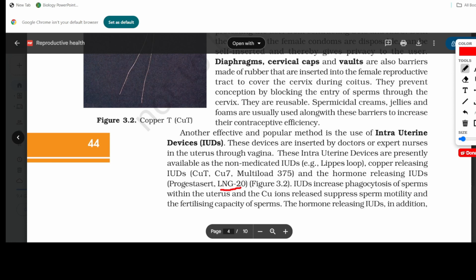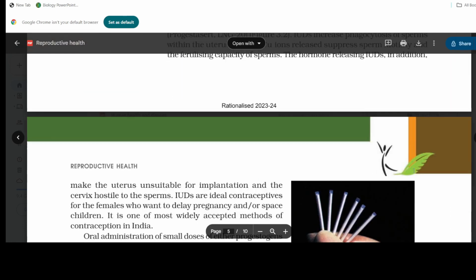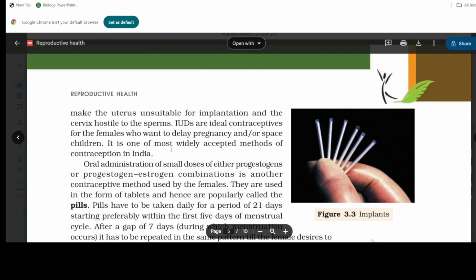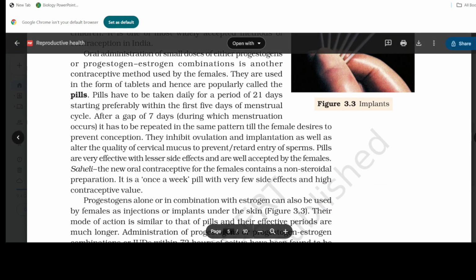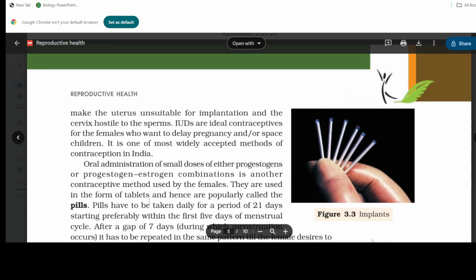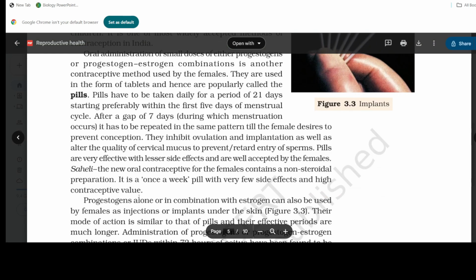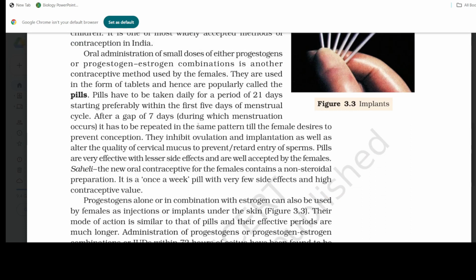Then in addition to that, you have here oral administration of small doses of progestogens. So they are again pills in the form of tablets that change our hormonal secretion, and the hormonal balance is managed.